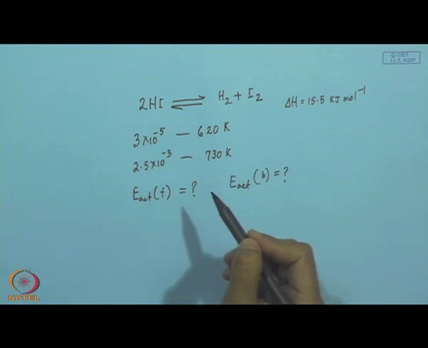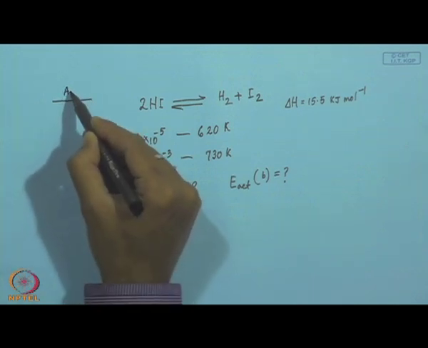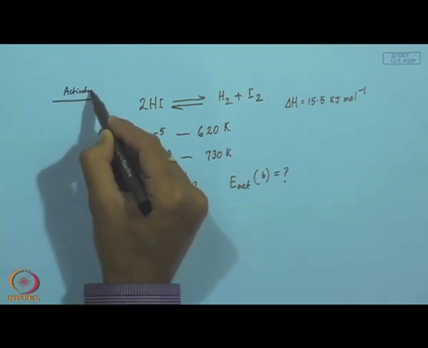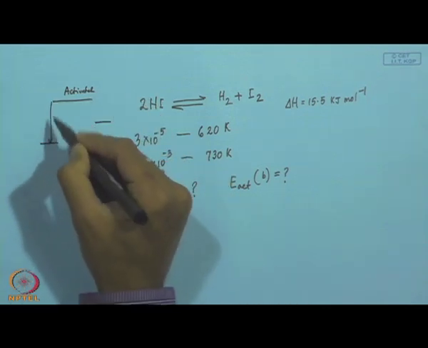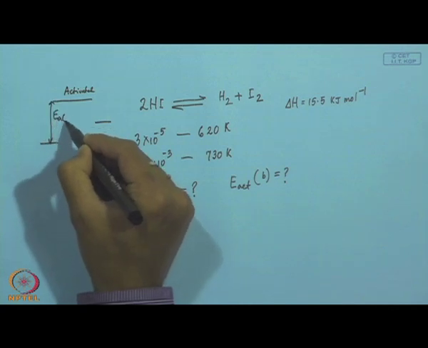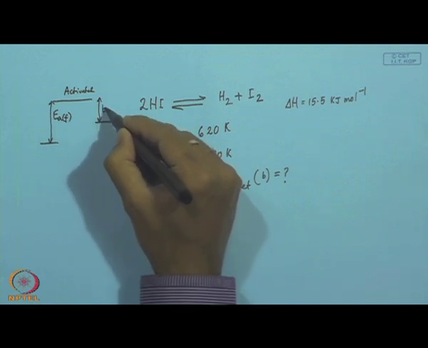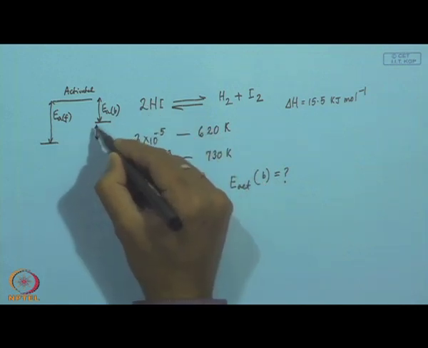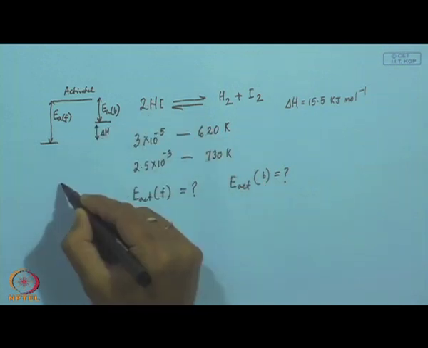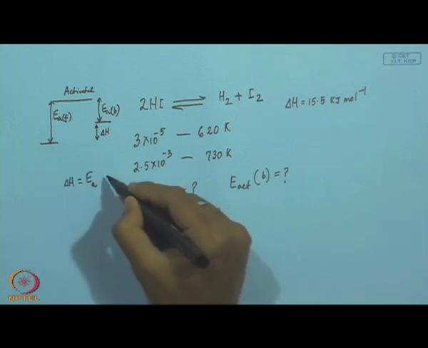Then, with the help of that diagram that I already have shown, this is your activated state, this is your forward activation energy, EAF, and this is your backward reaction activation energy, EAB, and this much is your delta H. So basically delta H is equal to EA forward minus EA backward.